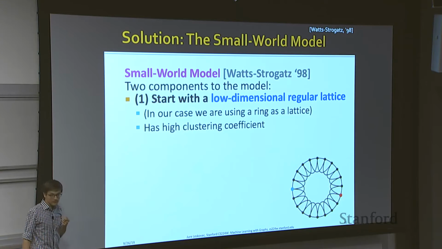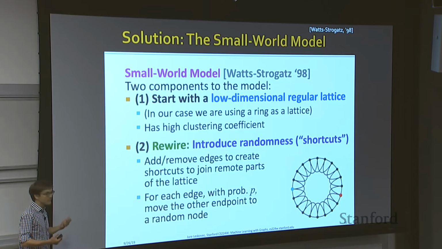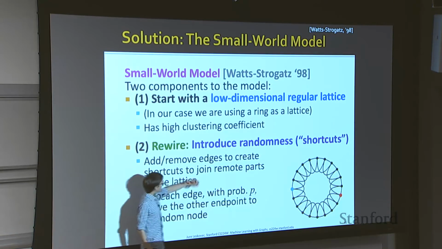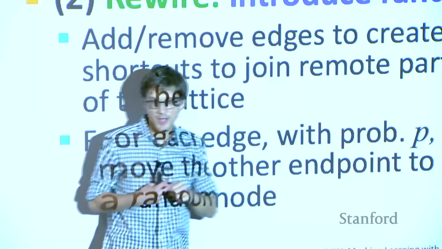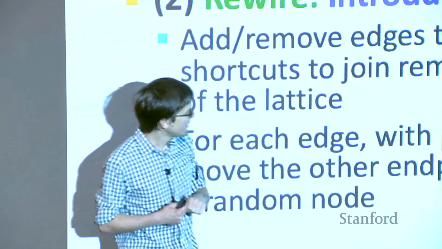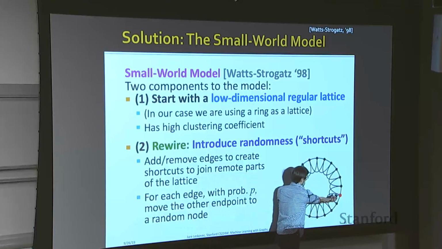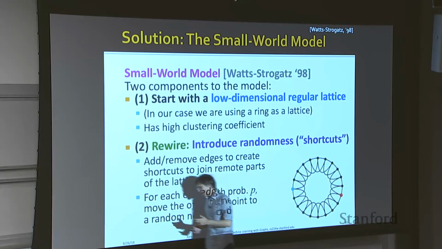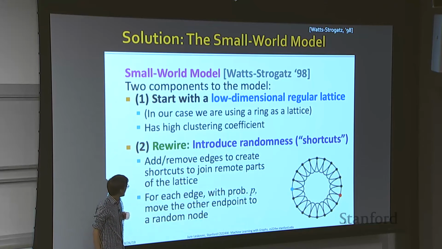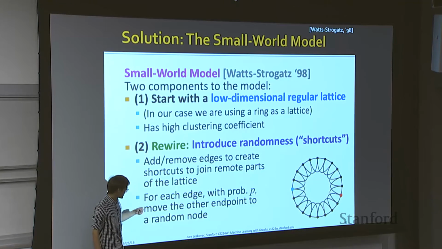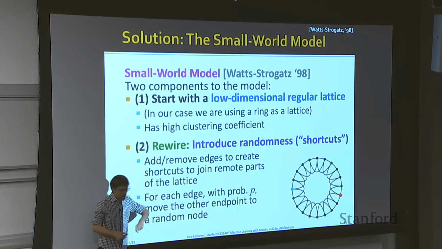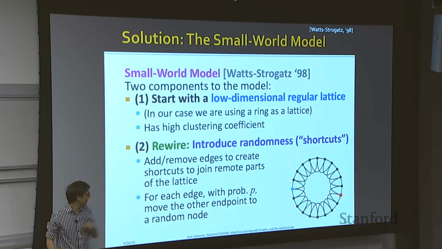Okay, but what we will do then is have this rewiring phase where we will introduce just a bit of randomness. What this means is we will pick random pairs of nodes and rewire their connections. So for each edge, with a small probability p, we will rewire the other endpoint to some other node, right?